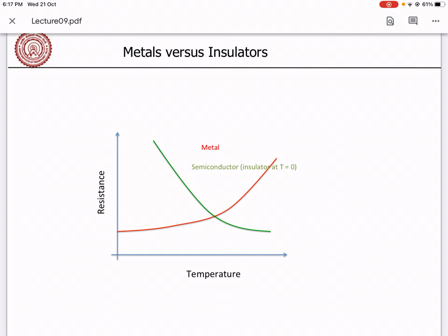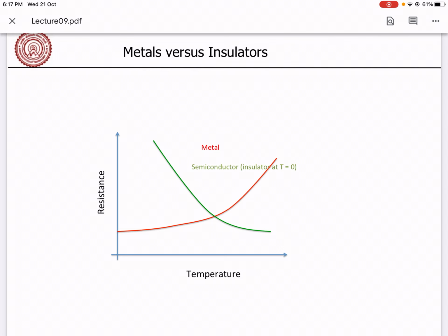Okay, the resistance changes for both of them, but for the metallic case, let's say if you measure copper, you'll see that the resistance goes down, but at absolute zero temperature or very low temperature, your resistance becomes some constant.